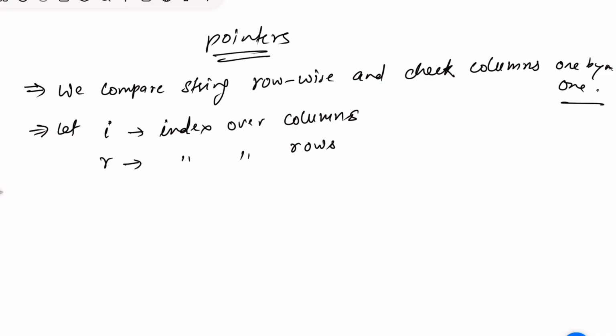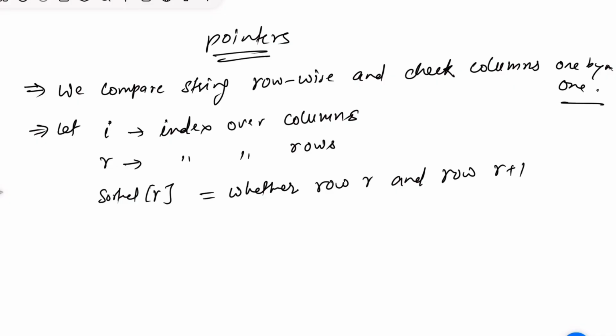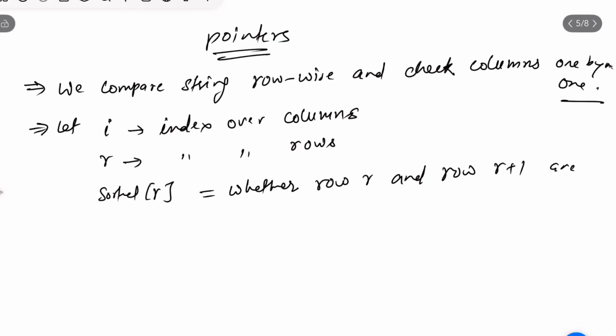It's fine. Then I'll take one more thing called sorted, and I will put R here. So we want to check whether row R and row R plus 1 are already sorted.